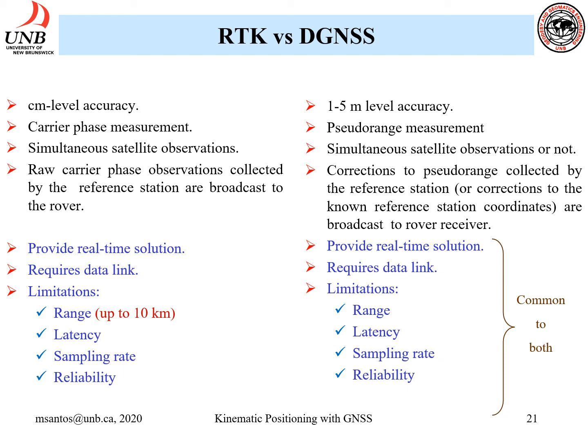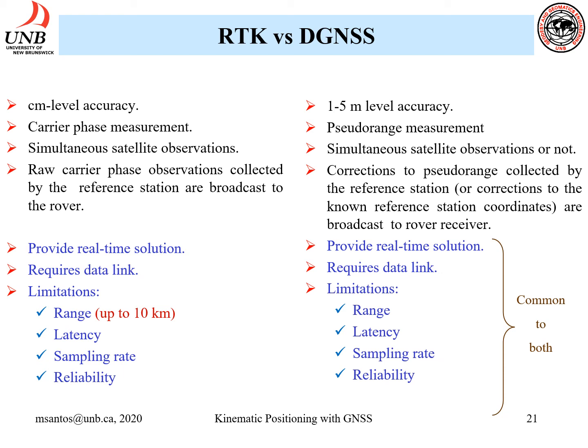This table makes a comparison between real-time kinematic and differential GNSS. So it is useful to look at what they have in common and what they don't have in common, what makes them different.